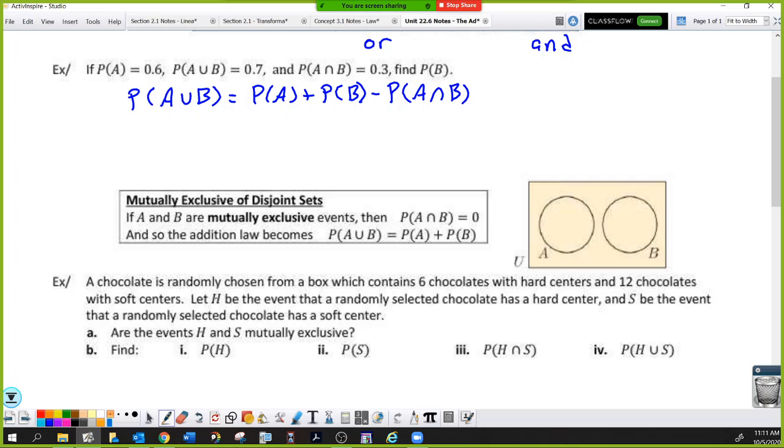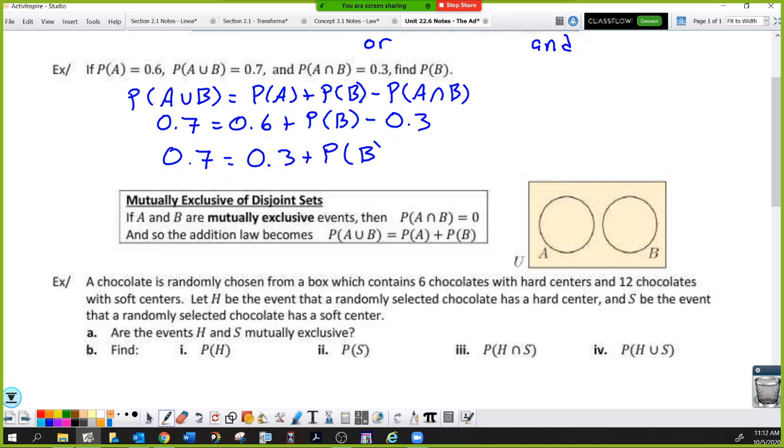And we just fill in the numbers that we know. 0.7 equals 0.6 plus this unknown probability minus 0.3. And then you just solve for the probability of B. Well, 0.6 minus 0.3 is 0.3. And if you subtract 0.3 from both sides, you find out that the probability of B is 0.4. There, done.